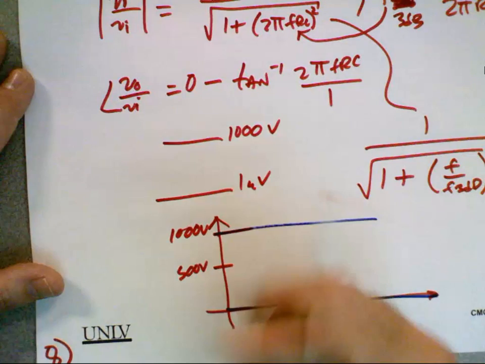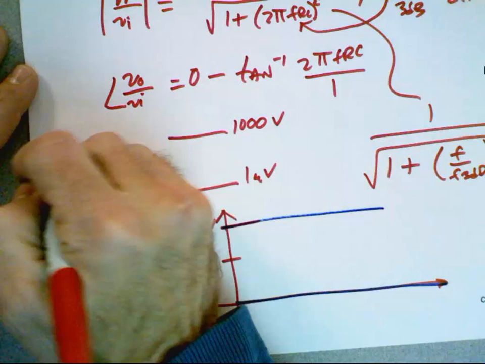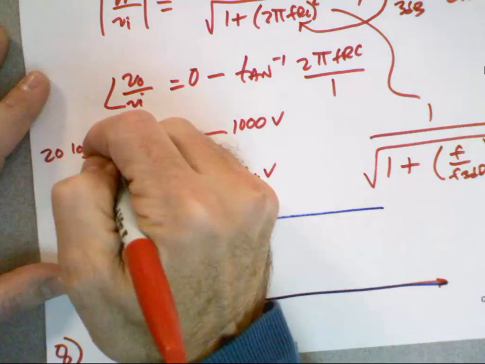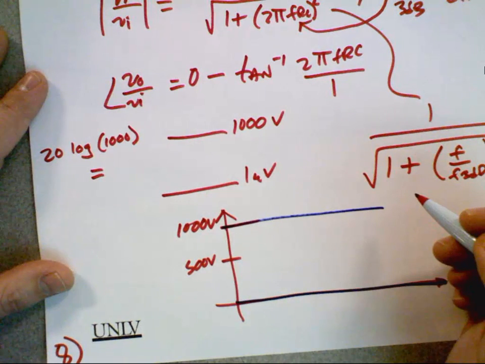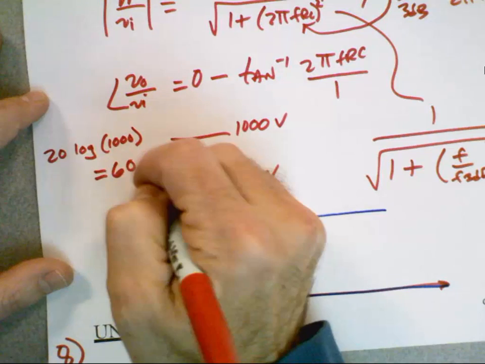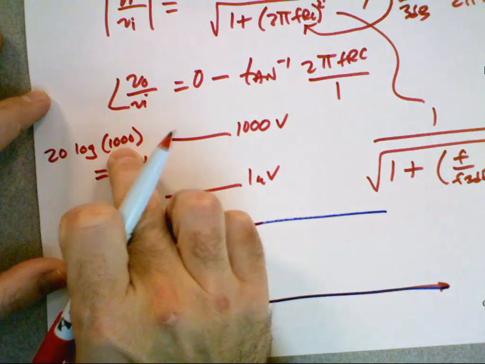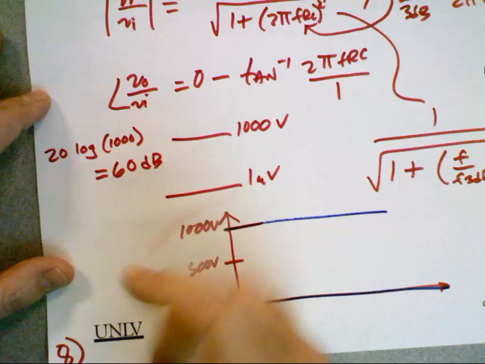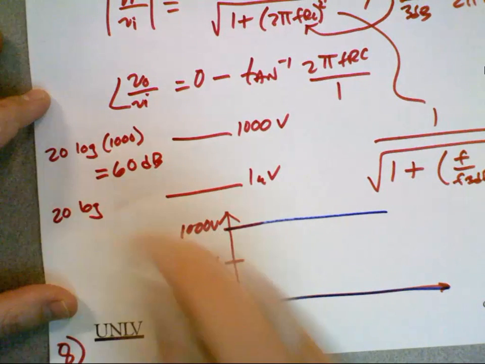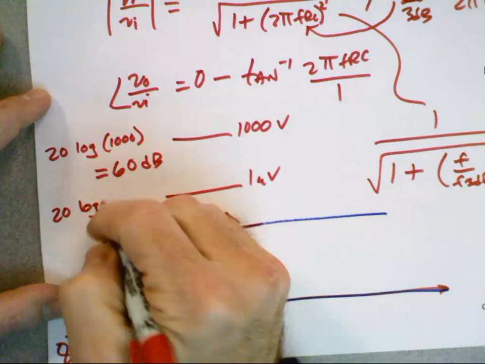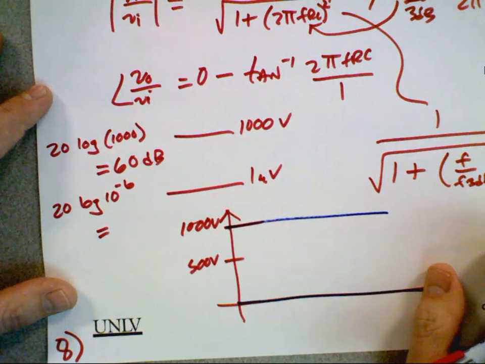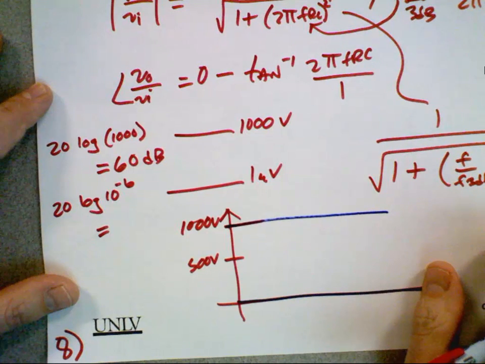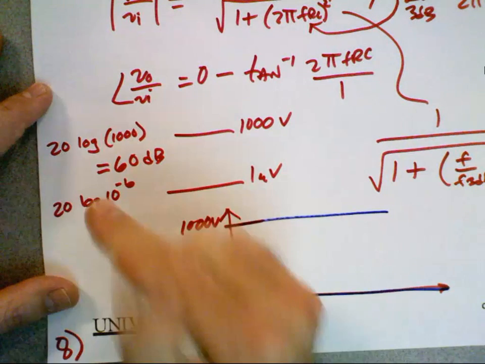So if I take the log of this, let's say I do 20 log of 1,000, which is what? 60 dB, because it's 10 to the third. Log of 10 is 1. We bring the 3 down. If I do 20 log of 1 microvolt, which is 10 to the minus 6, I get minus 120.